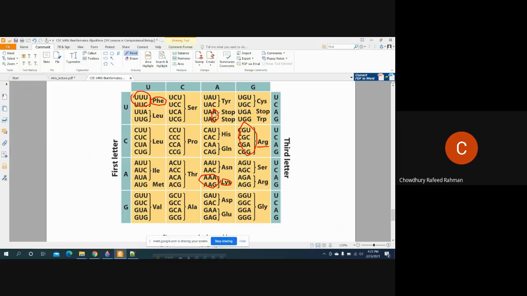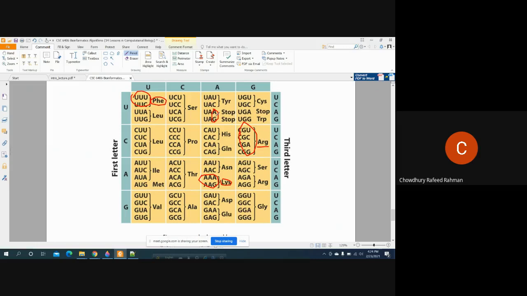Any more question? Someone was telling something, I think. So isn't it a three-dimensional array? What kind of analysis? Is it a three-dimensional array? No, this is not a 3D array.